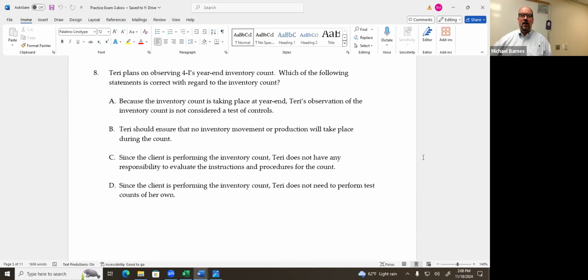Low. Very low. Observation is a low reliability test, okay? It's very versatile, but it's a very low reliability test. If we want more reliability, what do we do? We do the count ourselves. We perform test counts. What do we call that type of test? It's re-performance, okay? If we upgrade an observation test to a re-performance test, we get a lot more assurance than we did if we just have the client do it themselves.